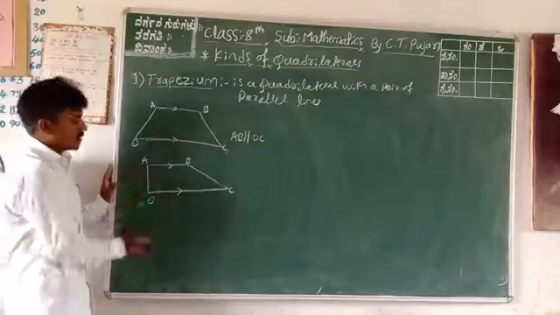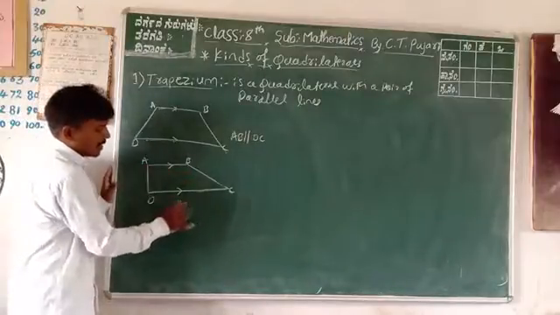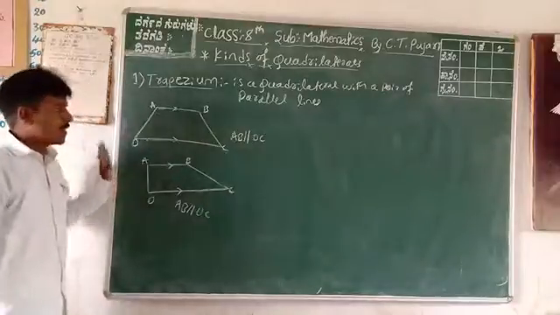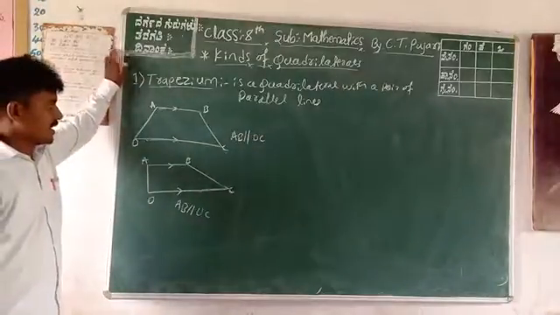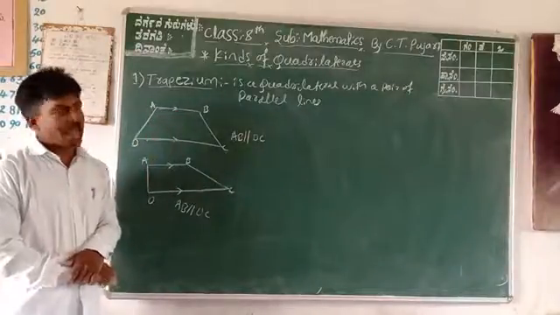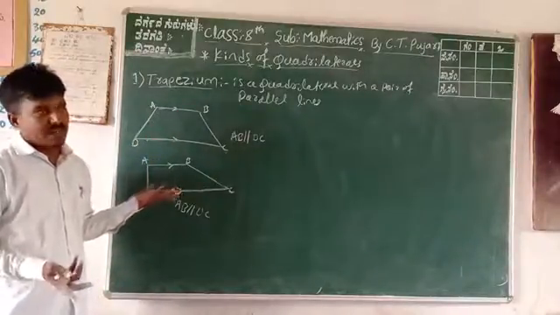In the second one also, AB is parallel to DC. This is also a trapezium. In the trapezium, only one pair of sides is parallel. The other two are not parallel, no problem.